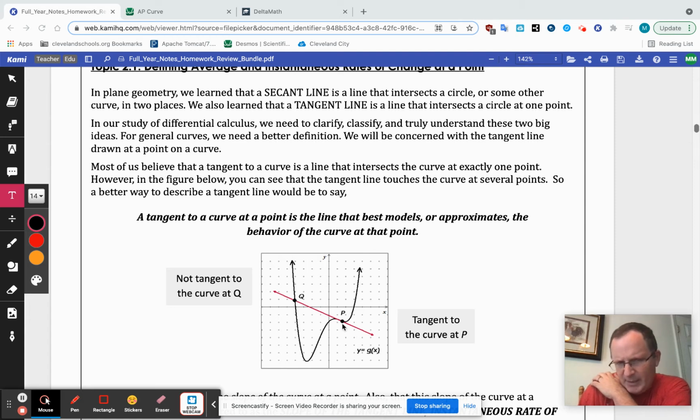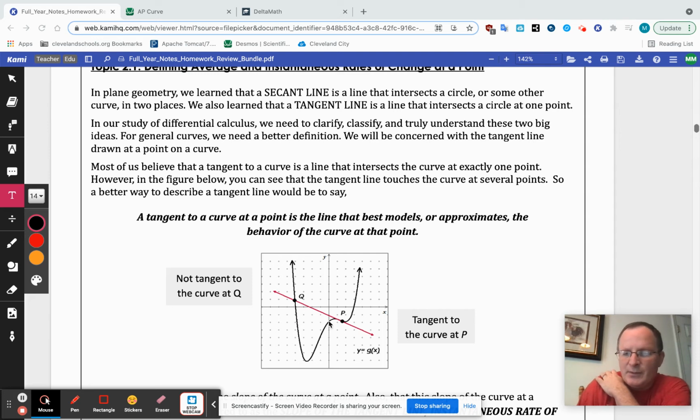All right, at P it is, and so I like this note here. It says a tangent to a curve at a point is a line that best models or approximates the behavior of the curve at that point. So as this curve is heading in this direction, its tangent line would do a similar thing. It would head in that direction too, but linearly rather than curving like this one is.